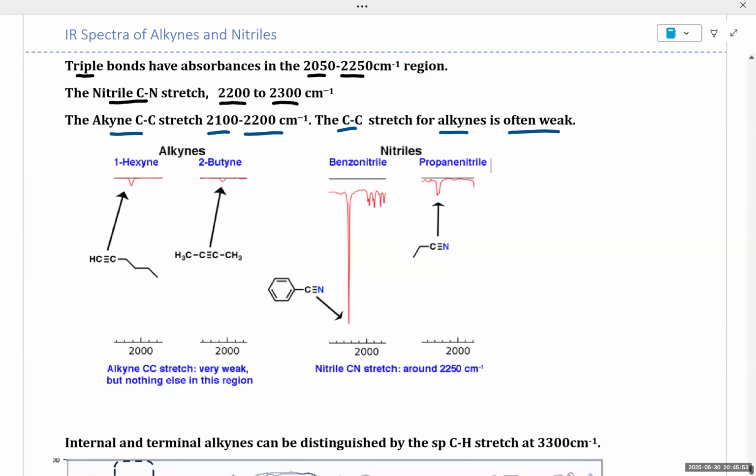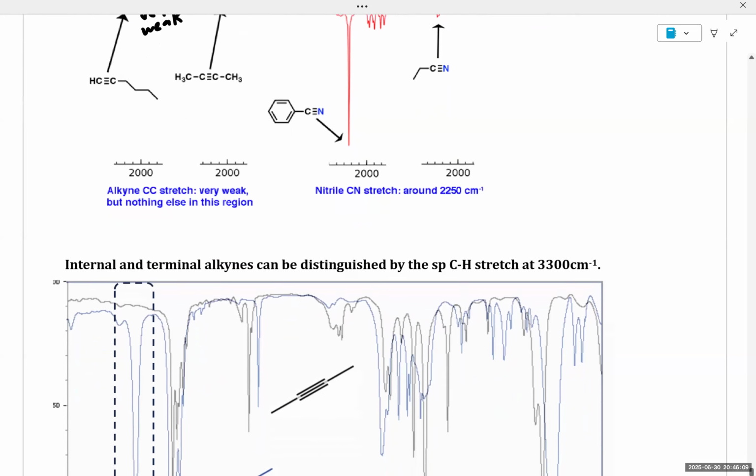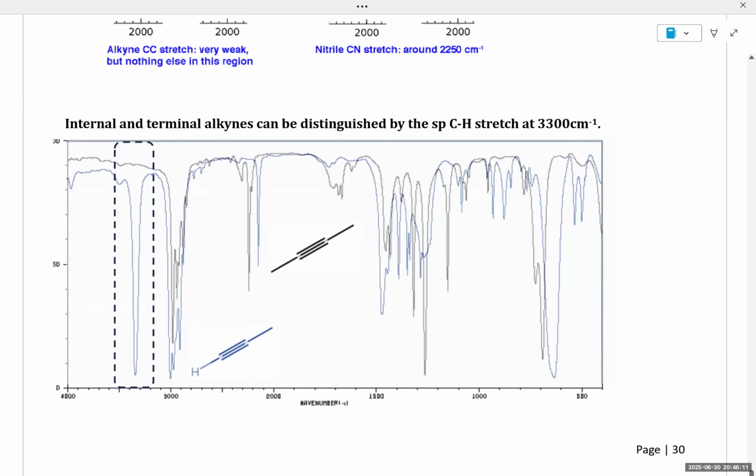So here are examples of alkynes versus nitriles. As you can see, the carbon-carbon triple bond stretch in an alkyne is very weak, and you may not even see it. The last thing I'd like you to note is that internal and terminal alkynes can be distinguished by the sp CH stretch.